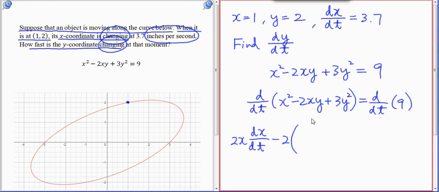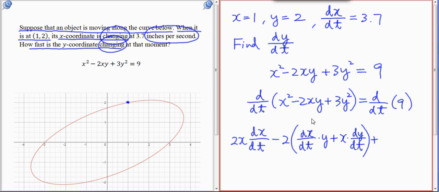So we have a product. It will be the derivative of the first times the second plus the first times the derivative of the second. Close the parenthesis, plus the derivative of 3y squared.